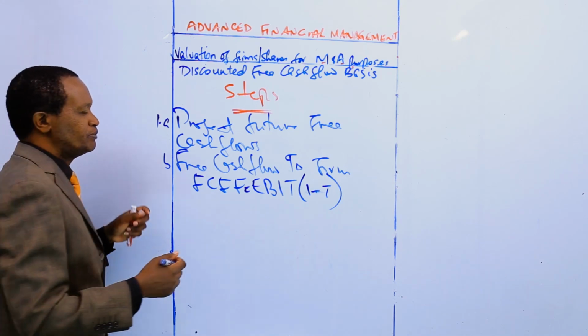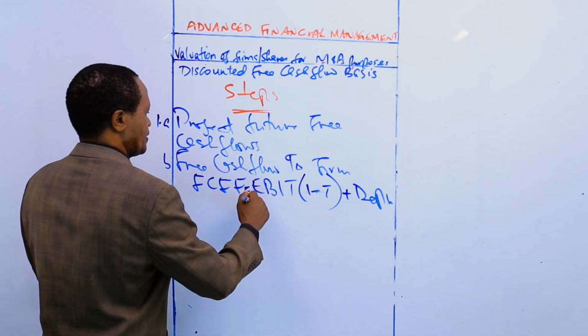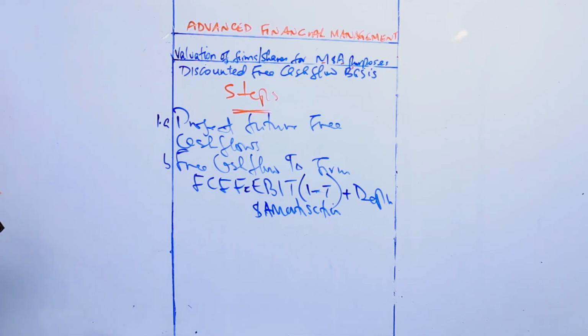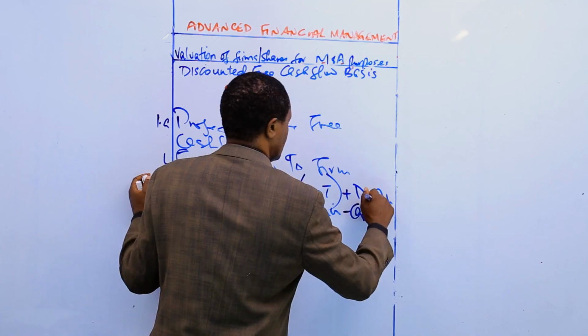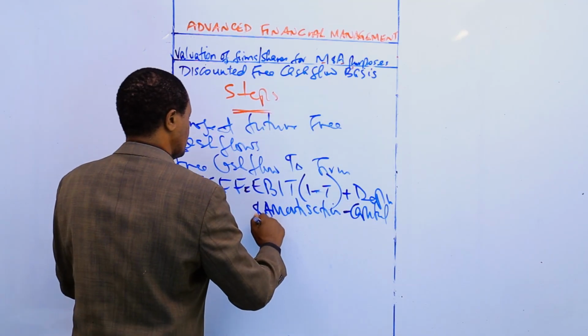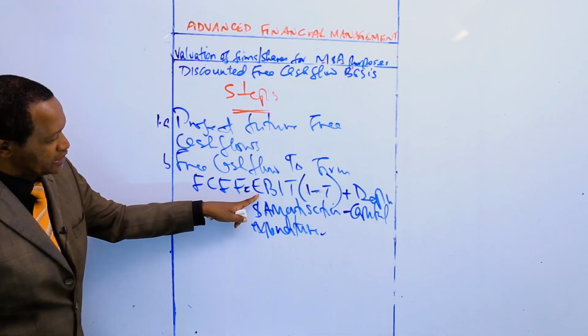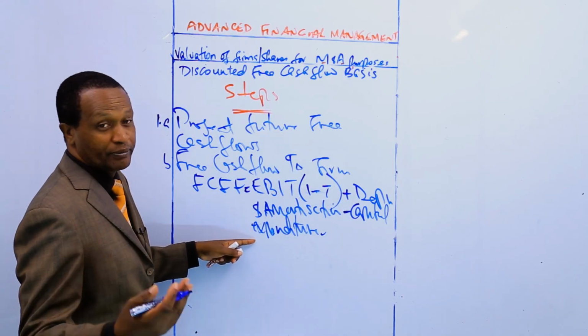You add depreciation and amortization. Then you deduct the capital expenditures. That is, earnings before interest and tax times 1 minus T plus depreciation and amortization minus the capital expenditures.